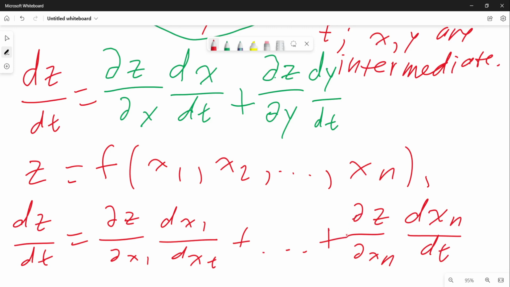Usually in this class we won't go past three different inputs, but you could extend it out as far as you want and just go through every possible path.